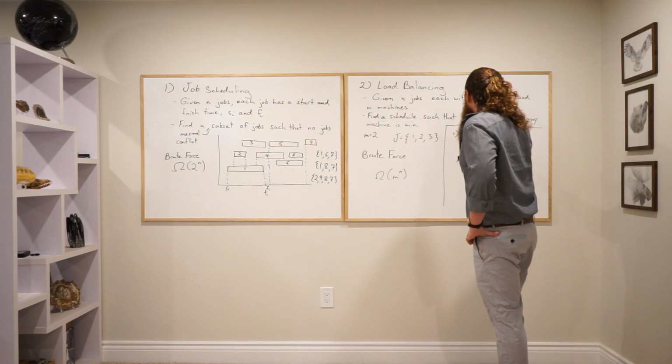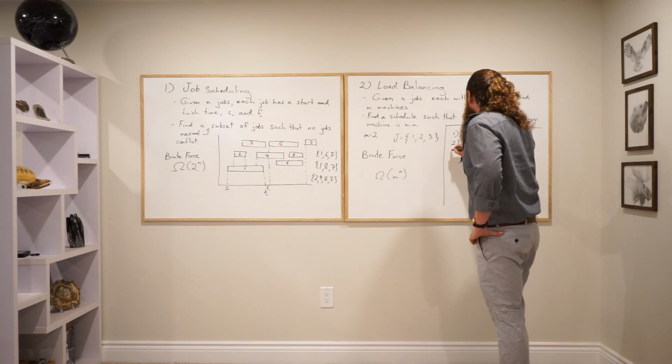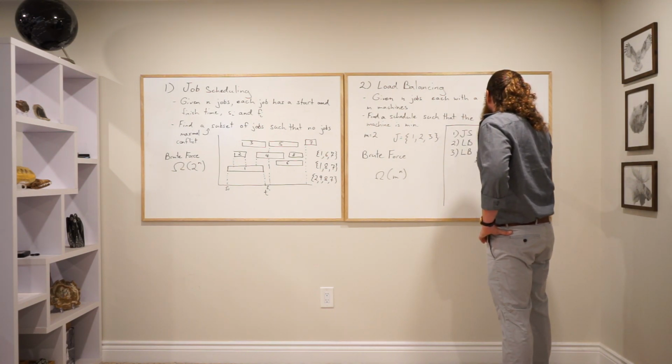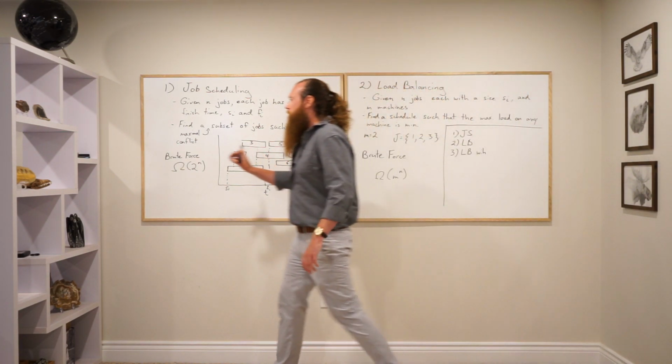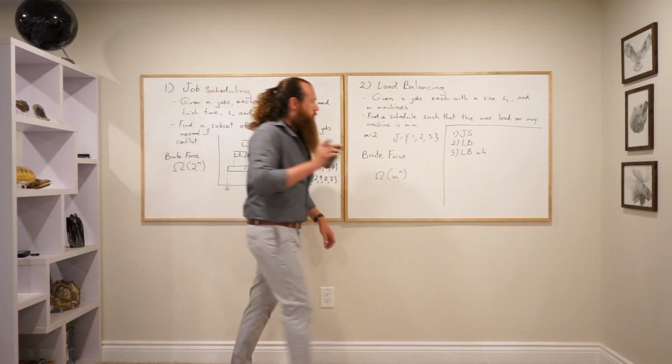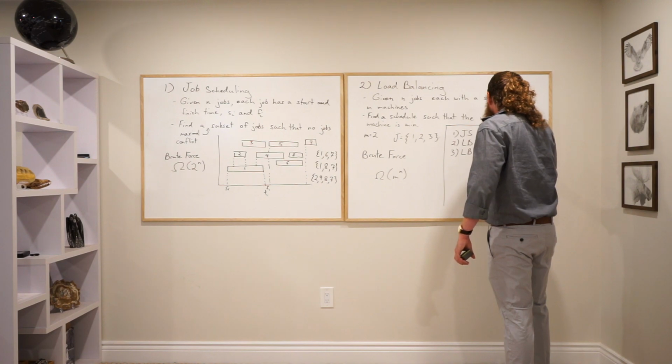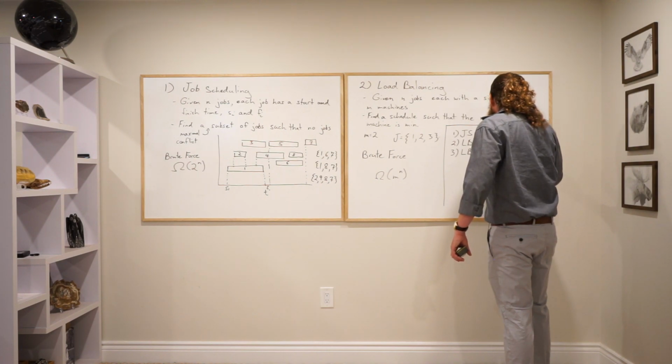We're going to have job scheduling. We're going to have load balancing. And we're going to have load balancing with m equal to 2. What does that mean?